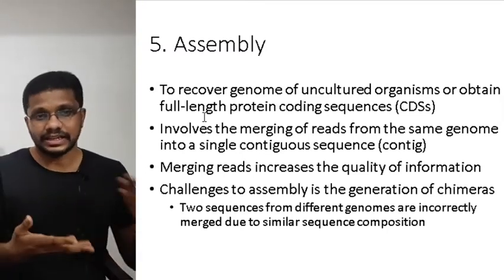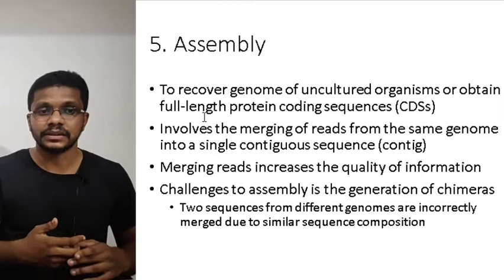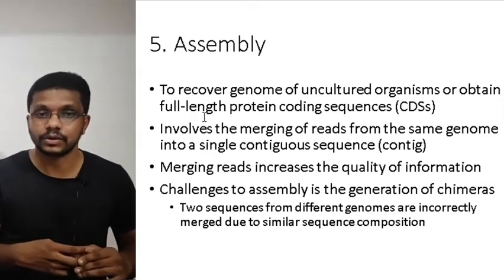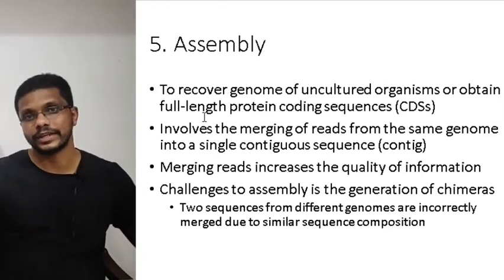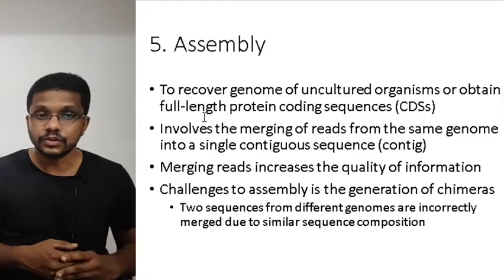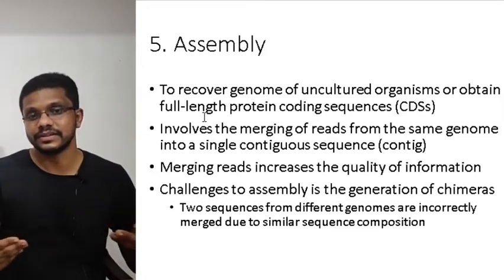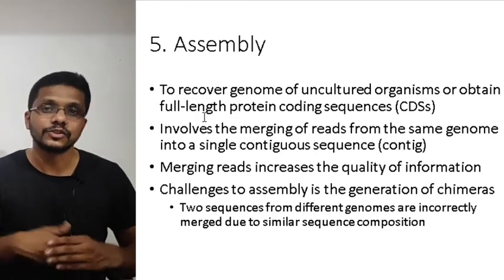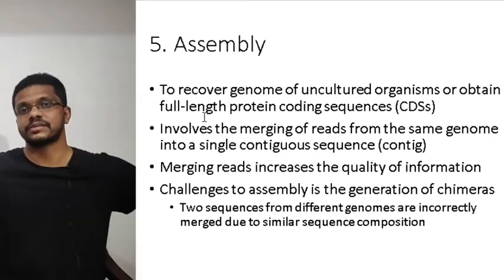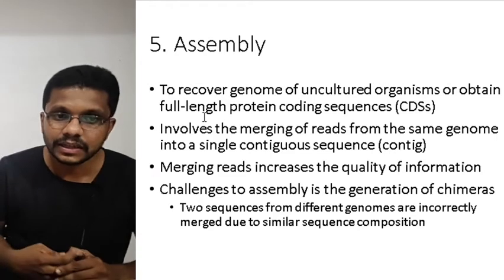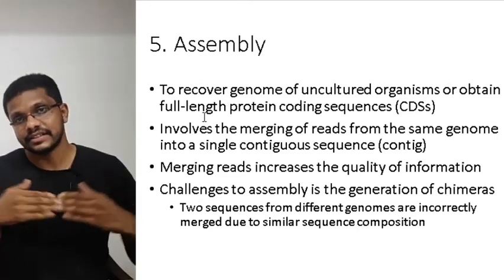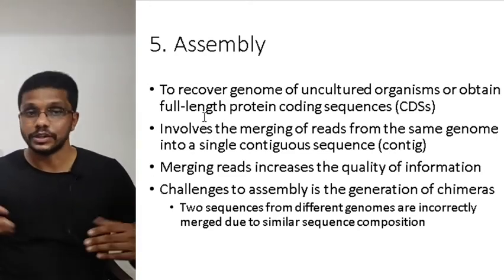The assembly process involves recovering the genome of an uncultured organism or obtaining full-length protein coding sequences. It involves merging the reads from the same genome into a single continuous sequence that is called a contig. So we need to get the whole sequence from the fragments. Merging DNA sequences together improves the quality of the data.